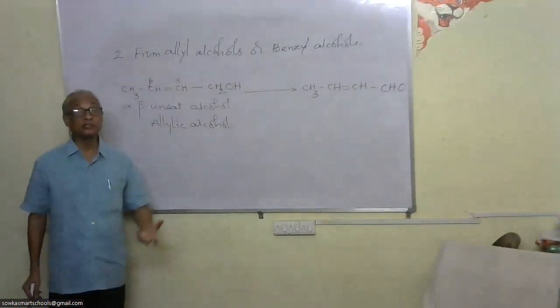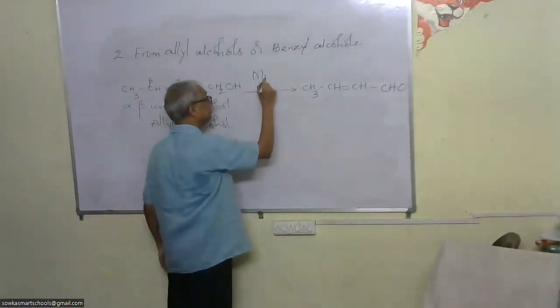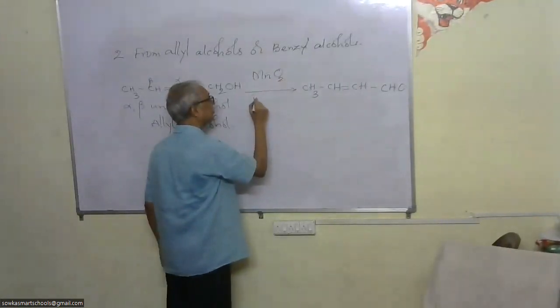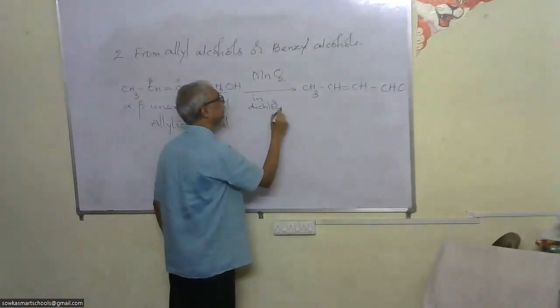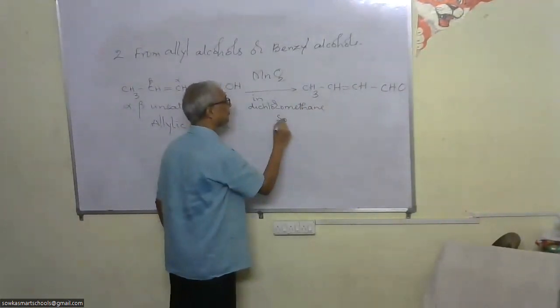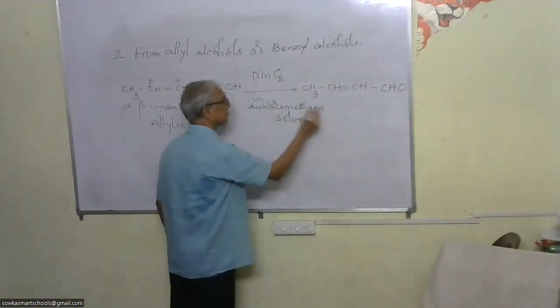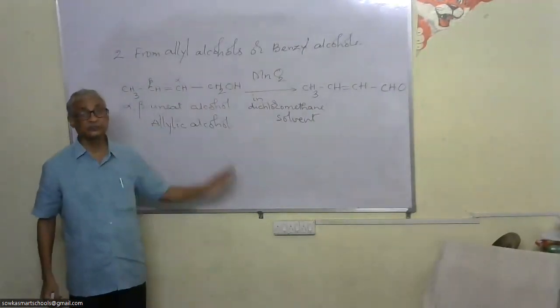Now you may ask, what is the reagent that is to be used? The reagent that is used is MnO2 in dichloromethane solvent. That solvent is to be used, and the oxidizing agent is manganese dioxide, MnO2.